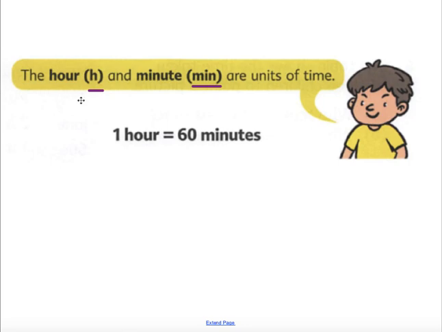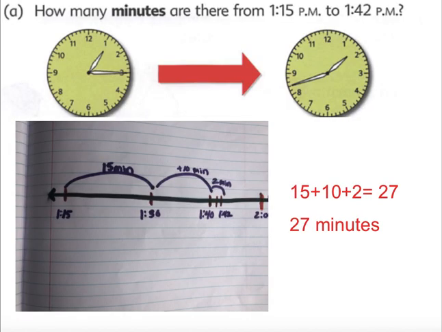Okay, so let's keep revisiting now. We know the units of time are hours and minutes. 1 hour is 60 minutes. We want to keep thinking about that when we're adding our hours and minutes. So here we have, how many minutes are there from 1:15 p.m. to 1:42 p.m.? This one's nice because they're only asking for minutes and we're staying from p.m. to p.m. So if I make my number line, I start at 1:15, but I'm not going to jump all the way to 2:15, right?